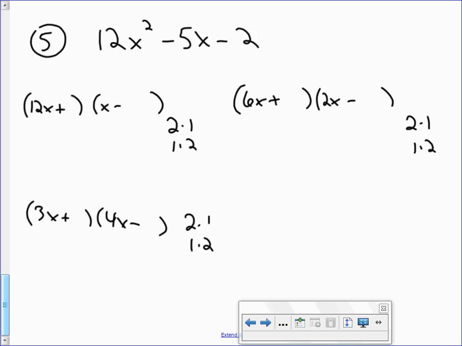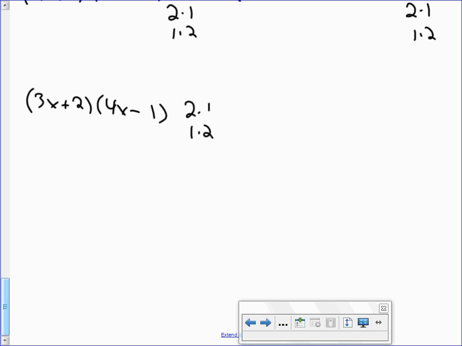Anybody find it? Is it this one? With the 2 and 1? Okay, so sometimes I actually make these problems up correctly. When I go to guess this one, you get 8x, you get negative 3x, which is positive 5.